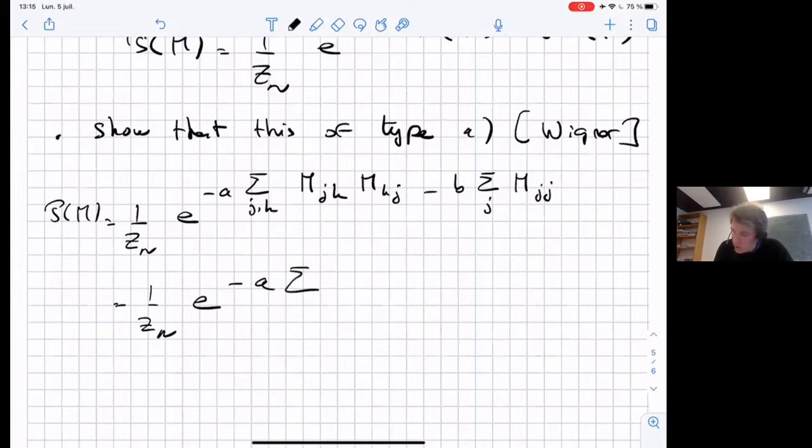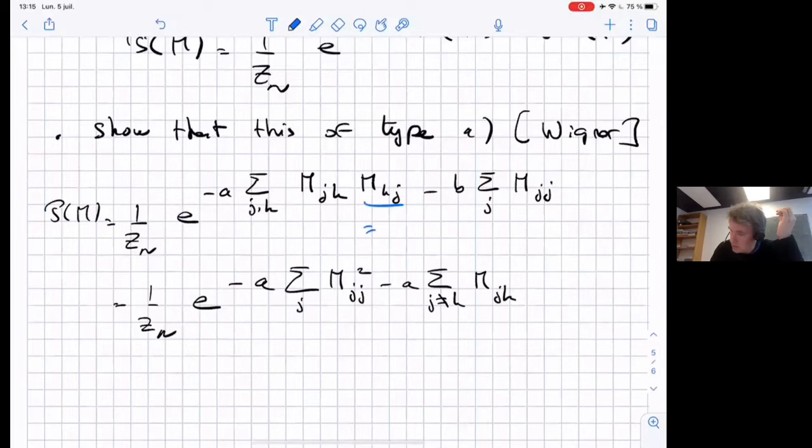It's just the sum over j of M_jj squared, and then I get minus a sum over j different from k of M_jk times M_kj, but M_kj, because the matrix is symmetric, has to satisfy this property.